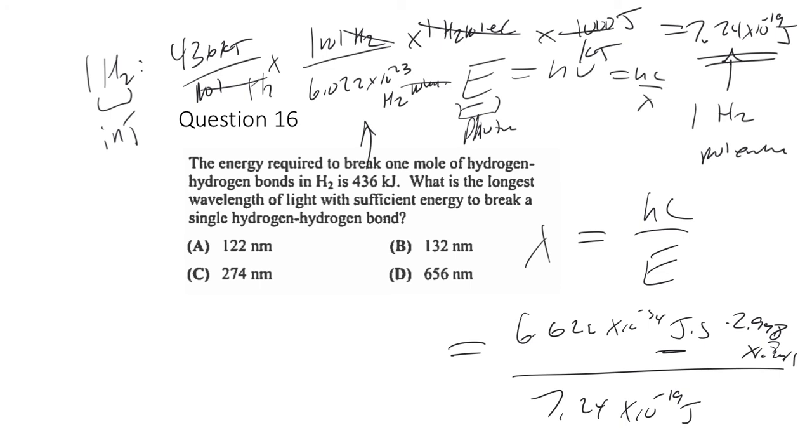And then we have to convert to nanometers. We're going to originally be in meters, from meters per second. And so if I do 6.626 times 10 to the minus 34 times 2.998 times 10 to the 8, and then divide by the answer previously, that gives me 2.74 times 10 to the minus 7.